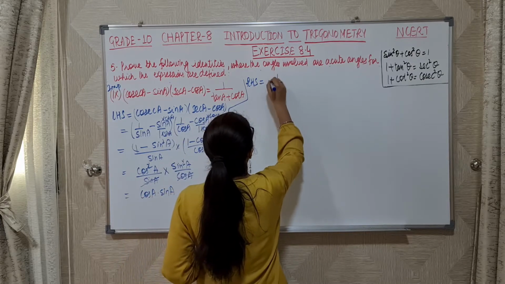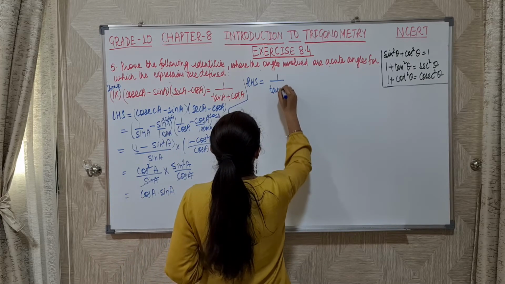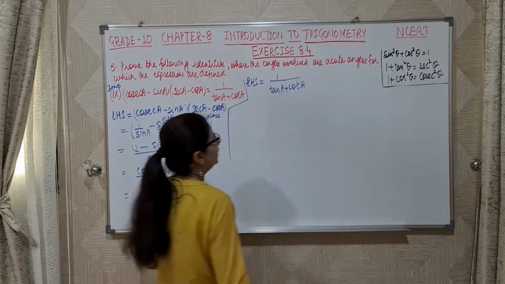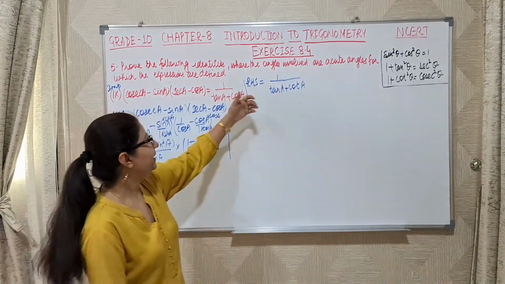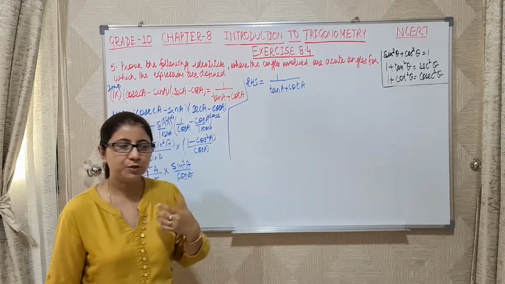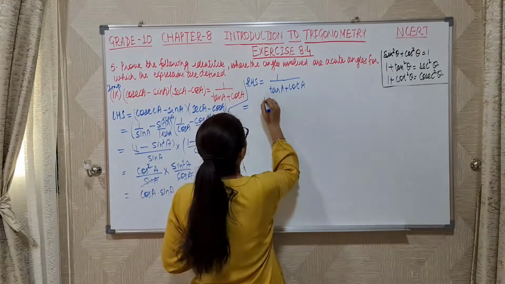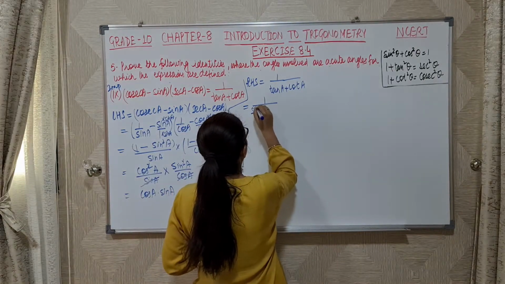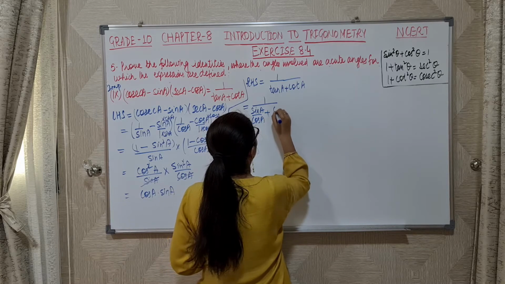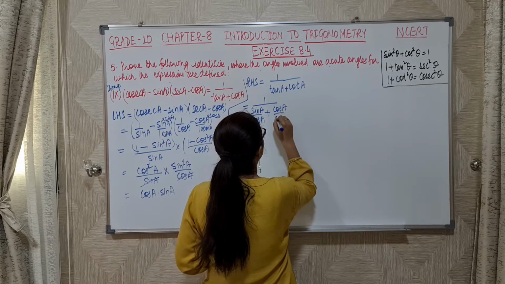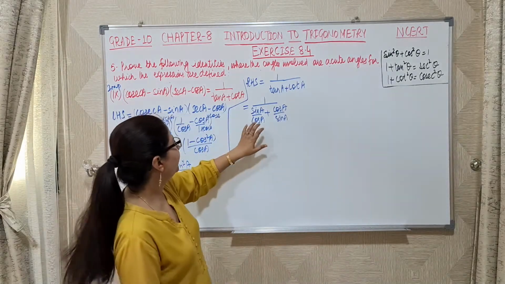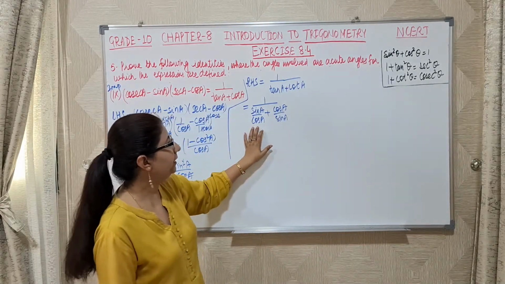Right hand side is 1 over tan A plus cot A. So again, tan should be converted into sine and cos, and cot also in terms of sine and cos. So here it is 1 over sine A over cos A, and cot is cos A over sine A. Right? So here again we have different denominators.